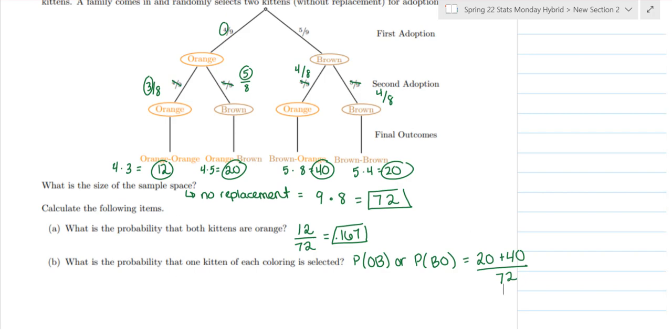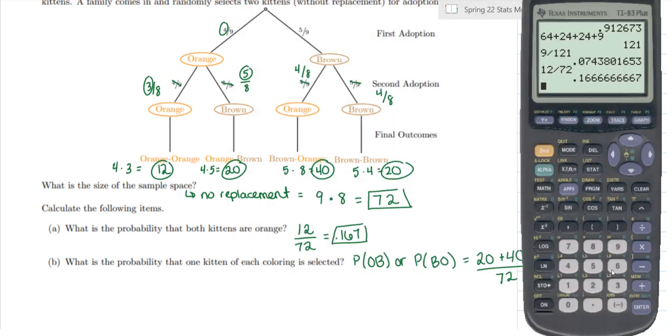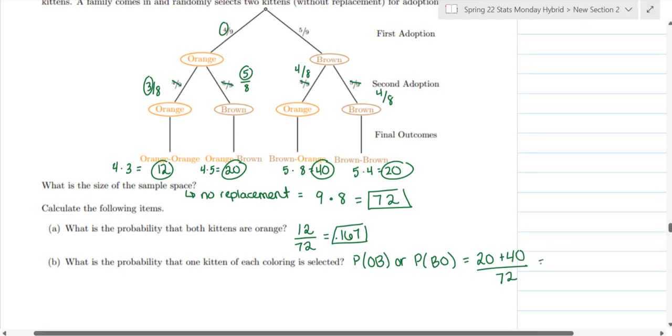So 60 over 72. So that's going to be 0.833.